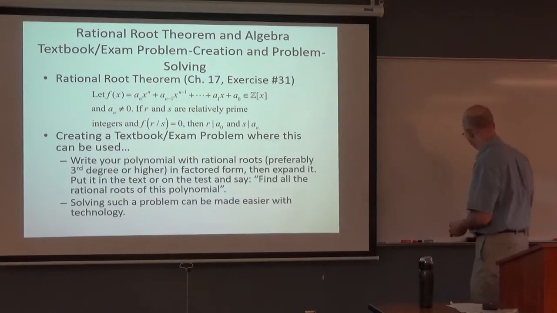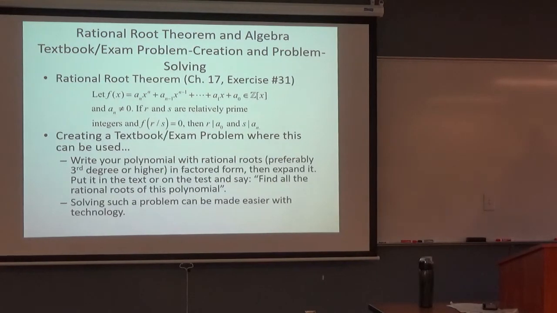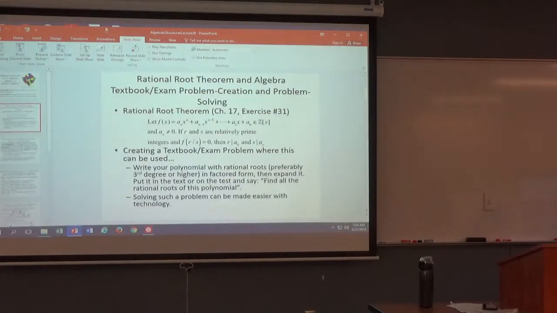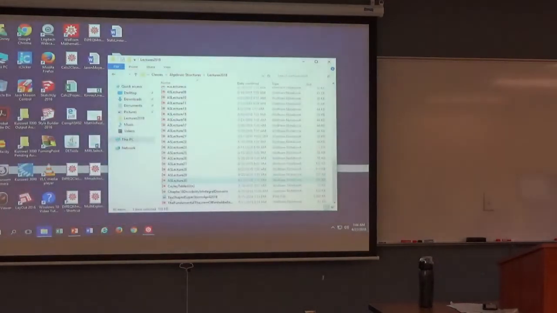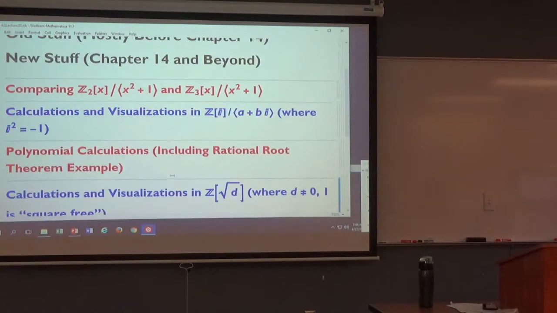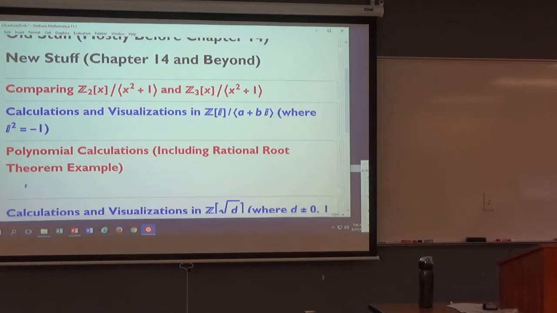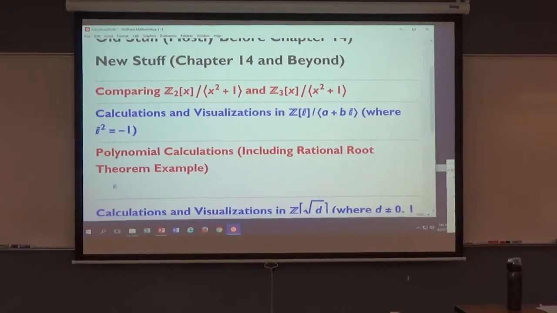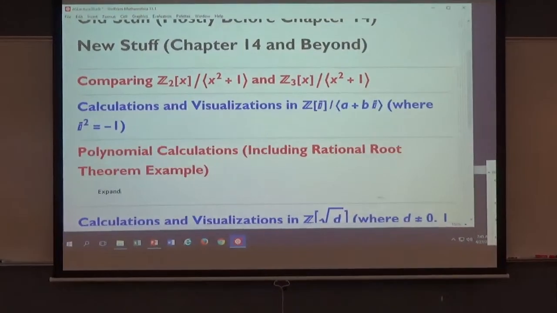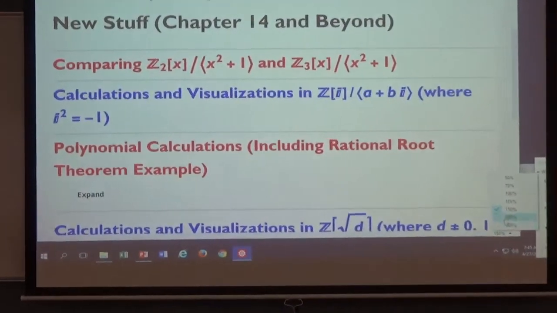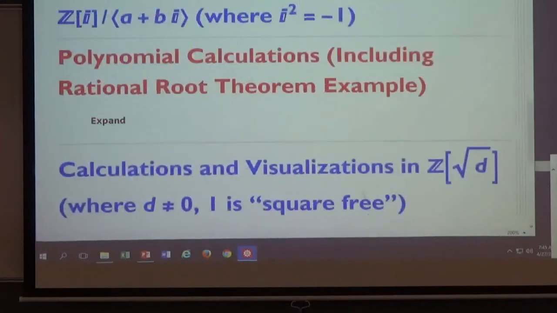So let's do an example. We'll use Mathematica here. Okay, so what do I mean? Well, you could use Expand. A polynomial with rational roots. And let's go ahead and make one of them not an integer.